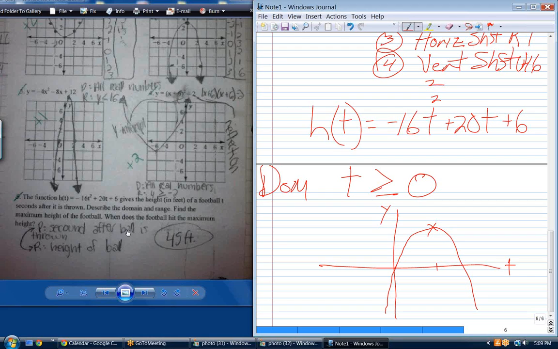Well, I got negative 20 over negative 32. Okay, that's correct. That's the x-coordinate, and that incidentally is the same as 5/8. So the x-coordinate of that vertex is 5/8. I still need the y-coordinate. How do I get the y-coordinate?